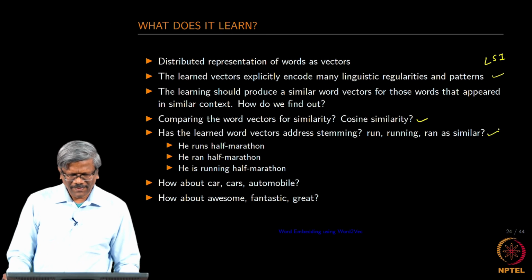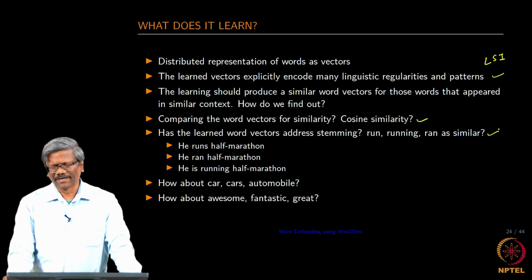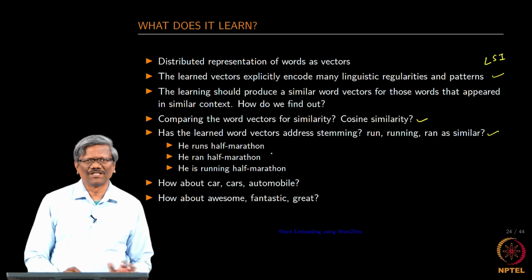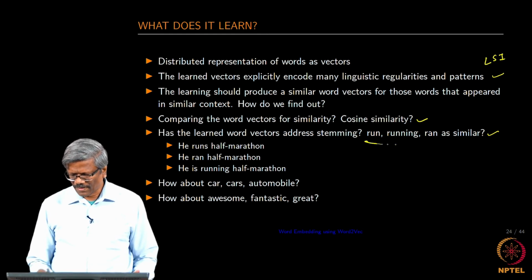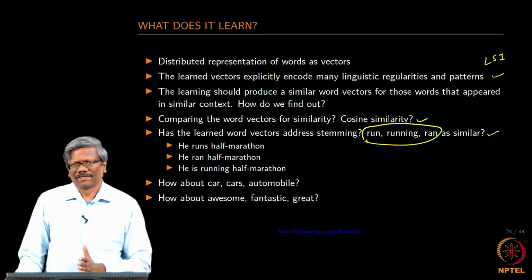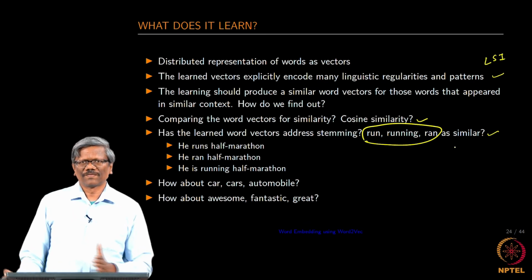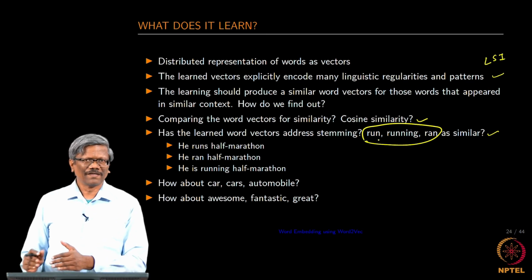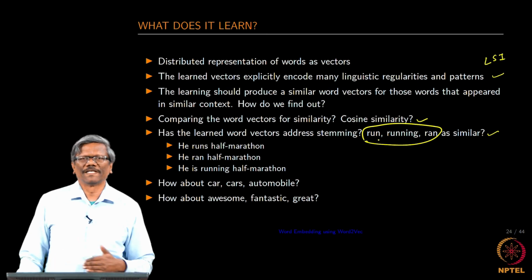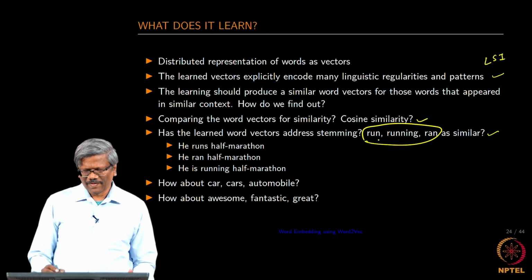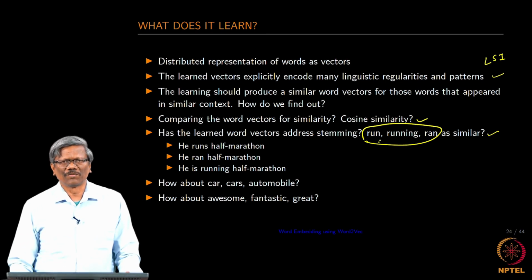Does it address stemming like run, running, ran, and so on? This really requires the context to be similar in order for us to really combine these similar words. Right. So, we definitely require a large corpus that keeps using these words in similar contexts. If we have a different context for each of these words, I am sure no network will really find them out. So, our assumption is based on Firth: these words can be known by the company they keep.